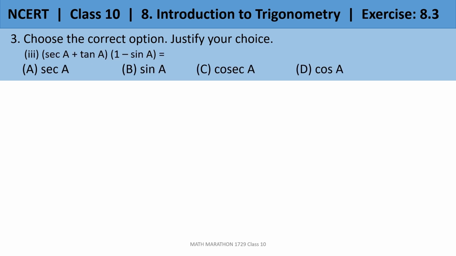Choose the correct option. Justify your choice. Section 3. (Secant A plus tan A) multiplied by (1 minus sin A) is equal to dash.